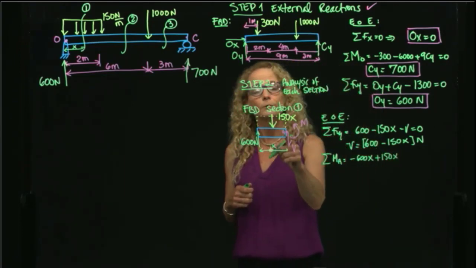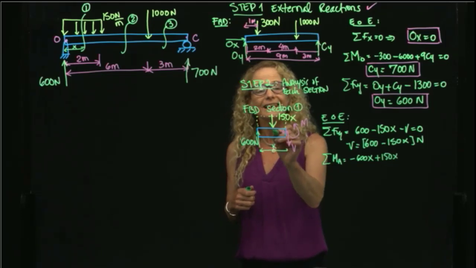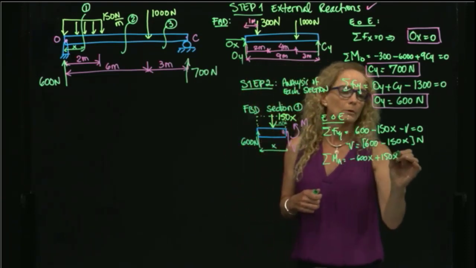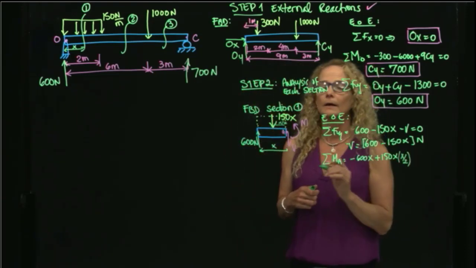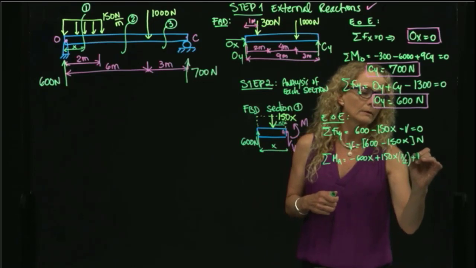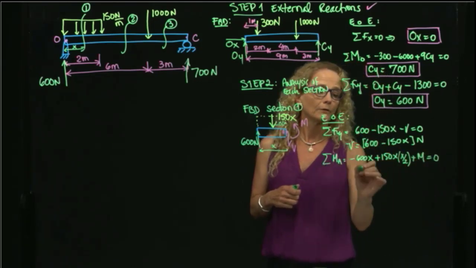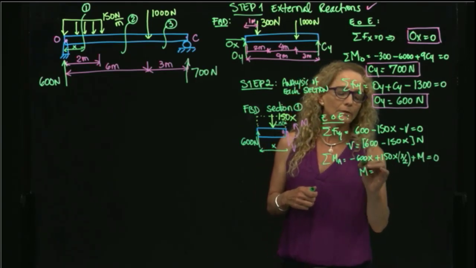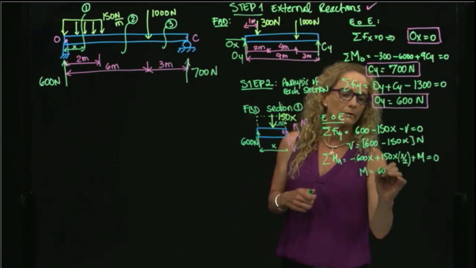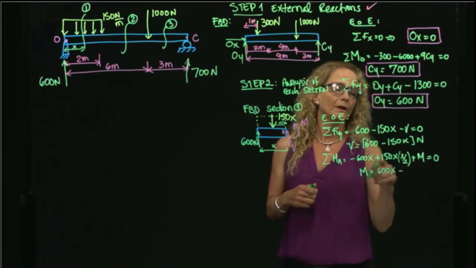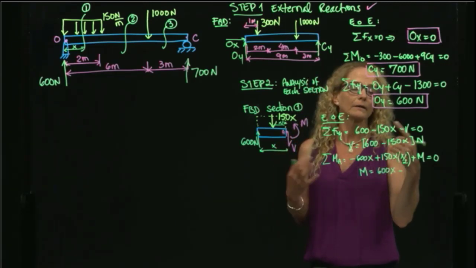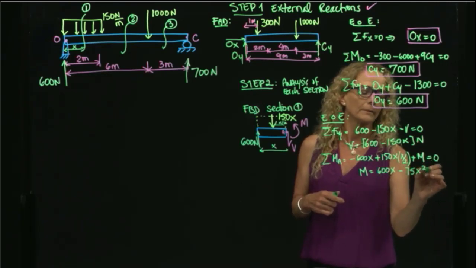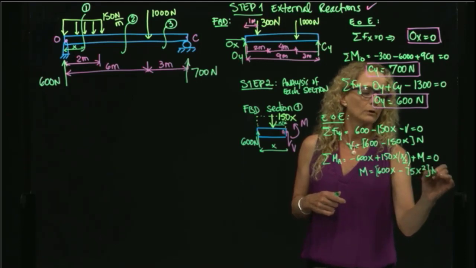And what is the distance from A to 150? It is x half. So this distance over here is x half, so I will multiply that by x half. And then I have plus the moment is equals to 0. Therefore, I can write that my moment will be equals to positive, right? Because it goes to the other side, 600x minus, and this is x times x, give me x squared. And this will give me 75x squared. And the units for the moment are Newton meters.